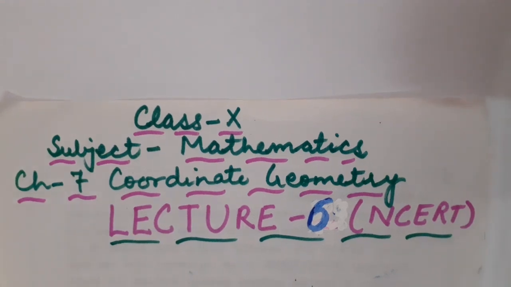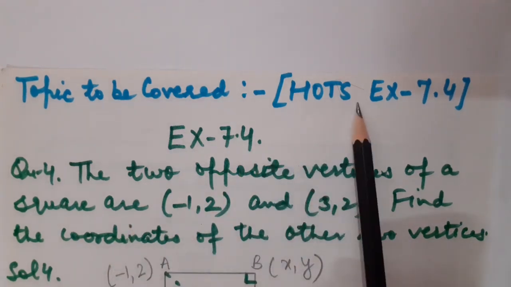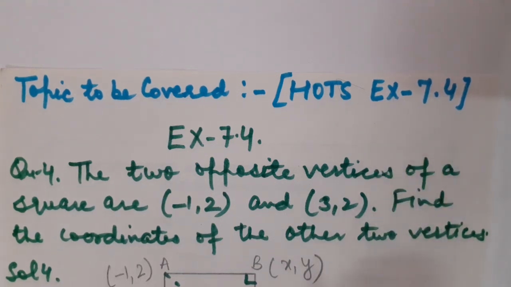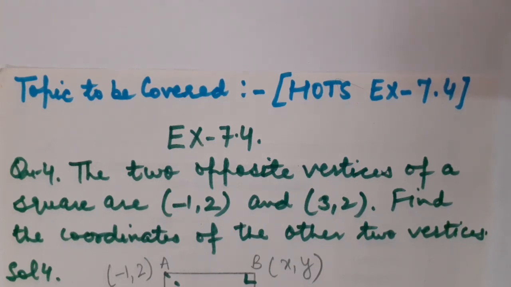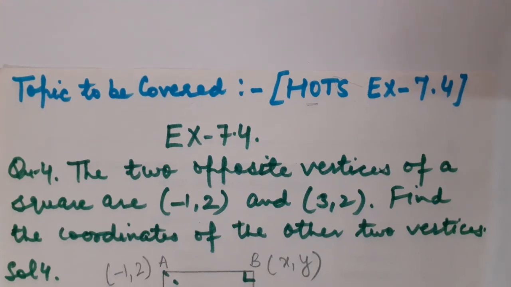Today I will be covering the HOTS which are there in exercise 7.4 of NCERT. I am also going to teach you the derivation, in which I will make you understand how to calculate the coordinates of the centroid point. That is also part of the HOTS questions. So let us start today's lecture.